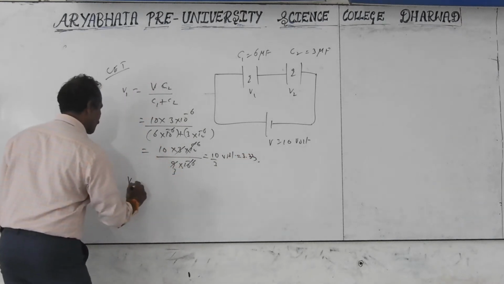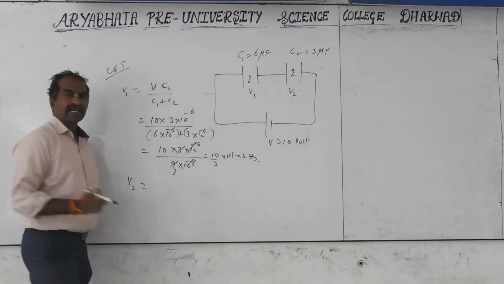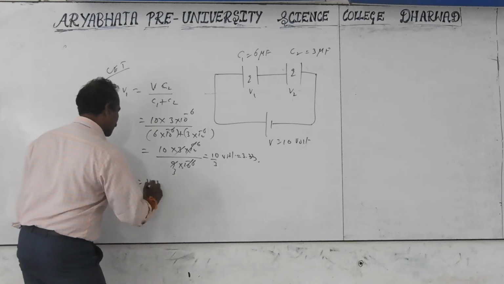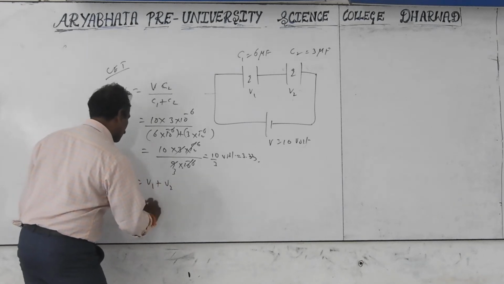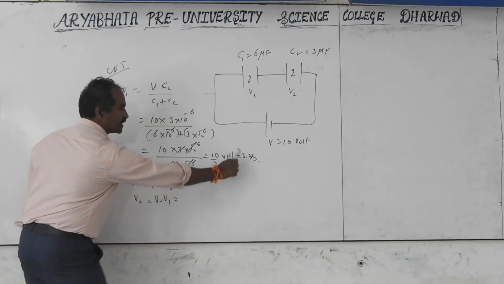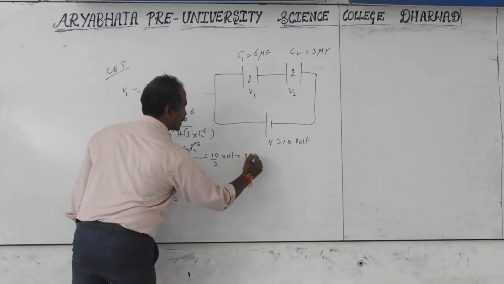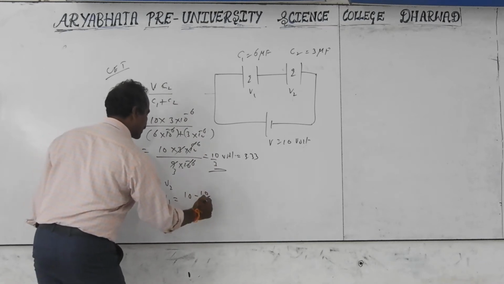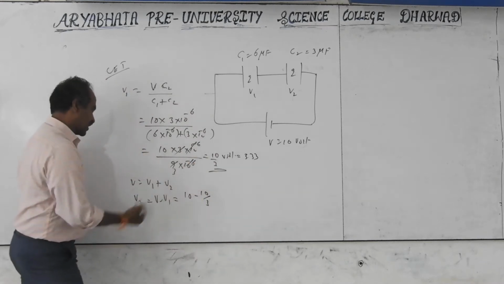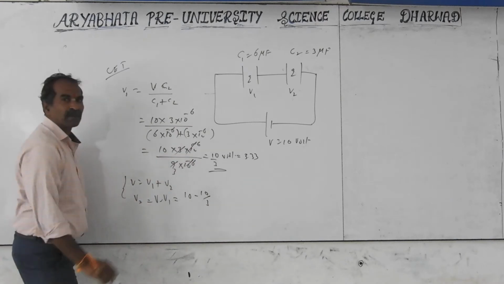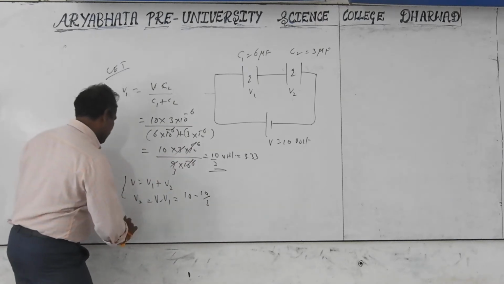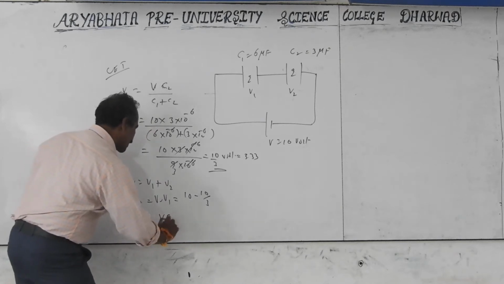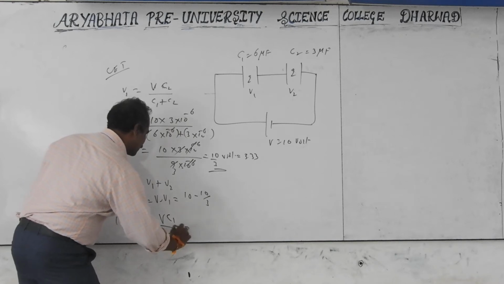Next is the similar voltage V2. Once you calculate V1, instead of using the formula you can also take V equal to V1 plus V2, or V2 is equal to the total voltage V minus V1. But don't take the decimal forms, you better take the ratio forms. Like this you can take 10 minus 10 by 3, or 10 minus 3.3, which is the decimal form taken as approximate. Or you can take the relationship V2 equals V into C1 by C1 plus C2.